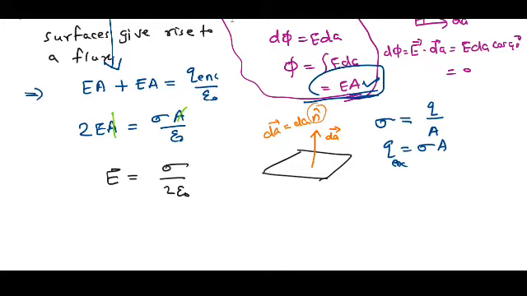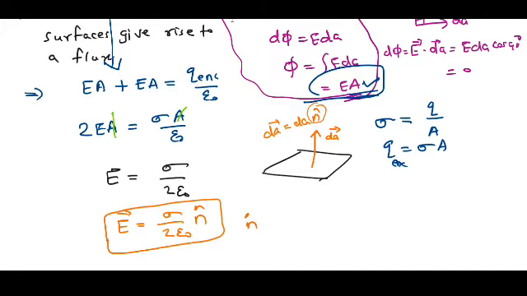Therefore, the electric field vector of a plane charged sheet is given by sigma divided by 2 epsilon 0 n cap, where n is the unit vector pointing away from the surface.